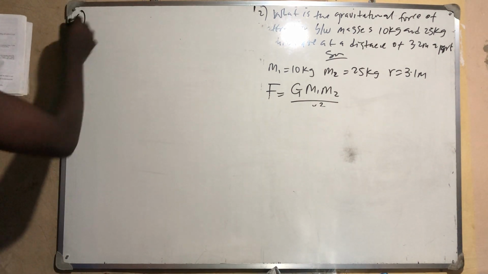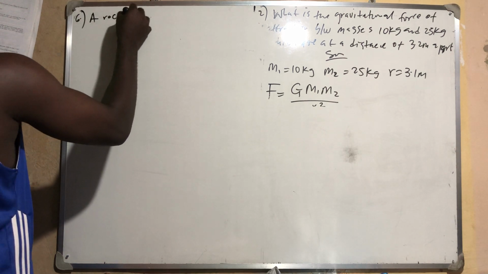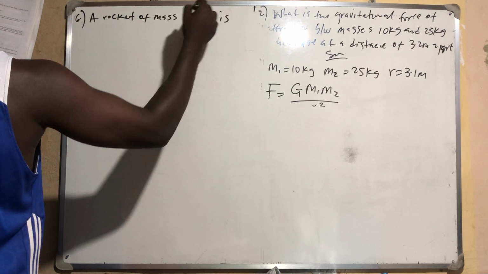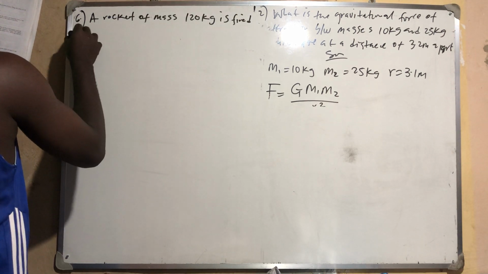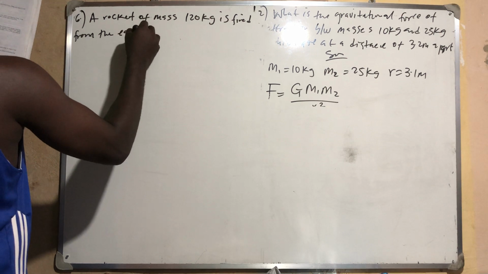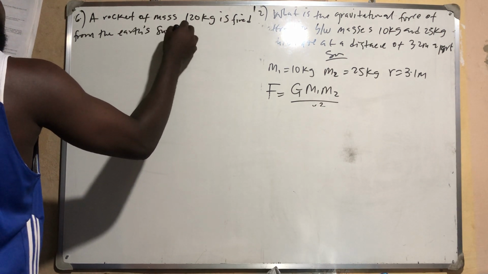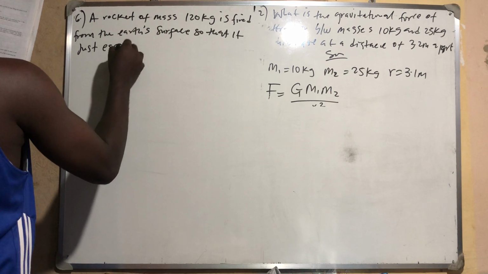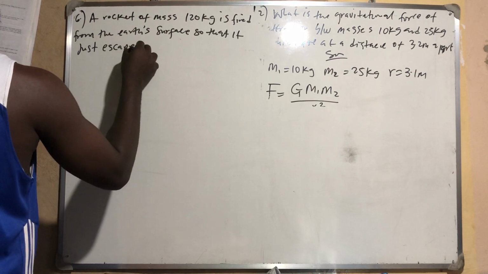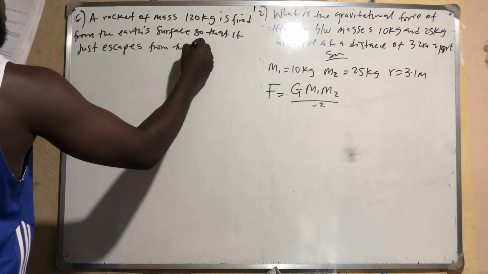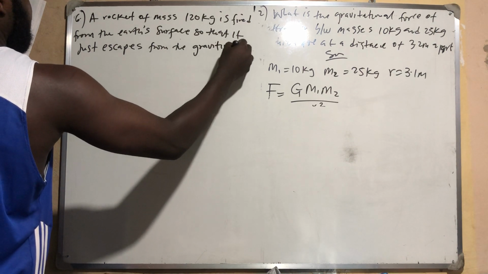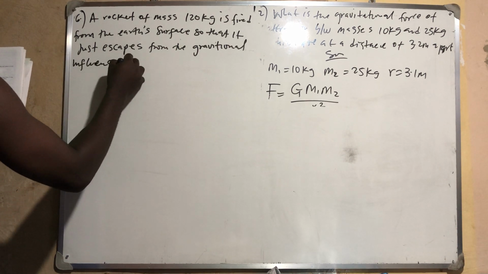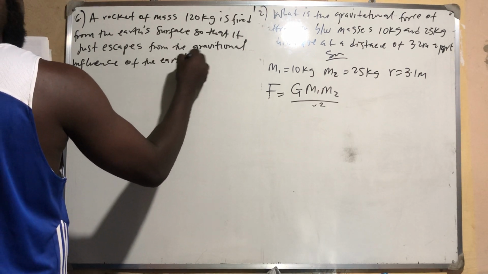So the next question, question number 7, says: a rocket of mass 120 kg is fired from the Earth's surface so that it just escapes from the gravitational influence of the Earth's field.